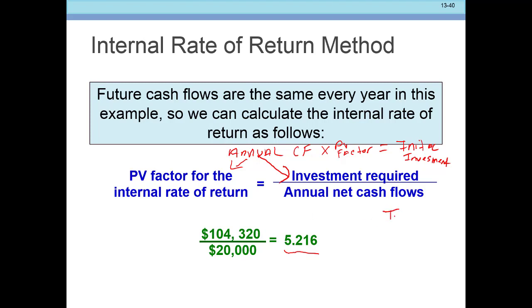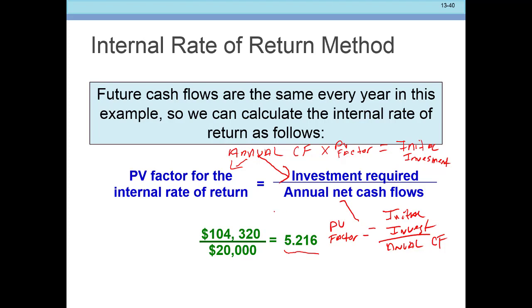Then it's going to be initial investment divided by annual cash flows is going to be present value factor on this side, right? Which is this right here.